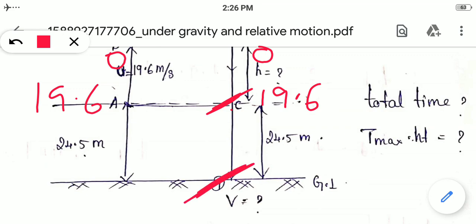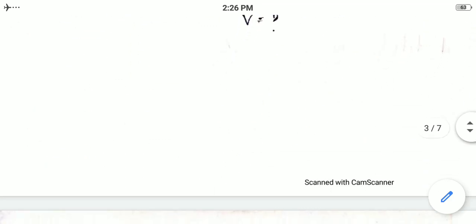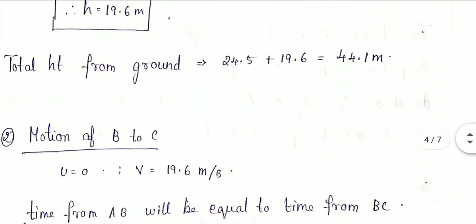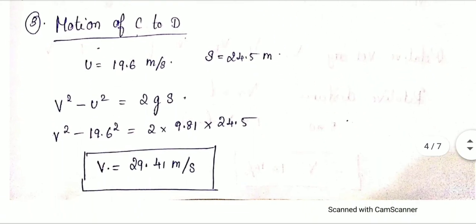Now we are considering only the points C and D. So what will be our initial velocity? This 19.6 will be our initial velocity and we have to calculate the final velocity. U is equal to 19.6 and S is the distance, that is the height of your building, 24.5.